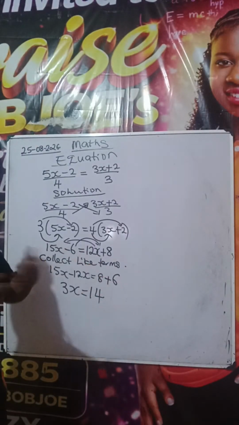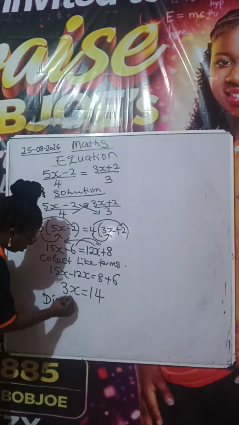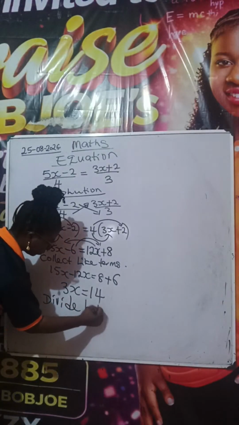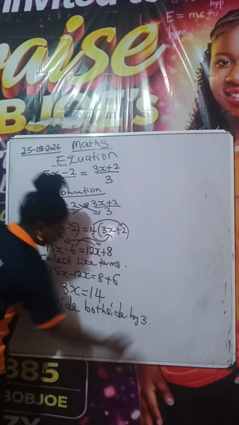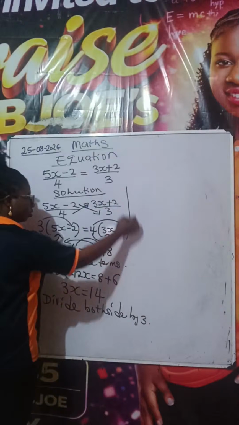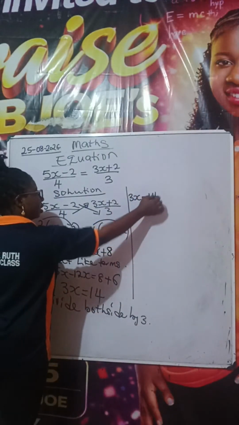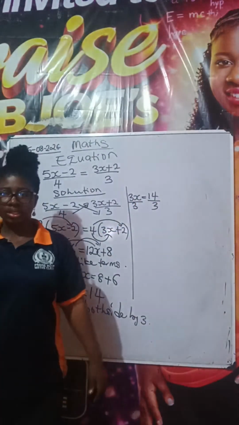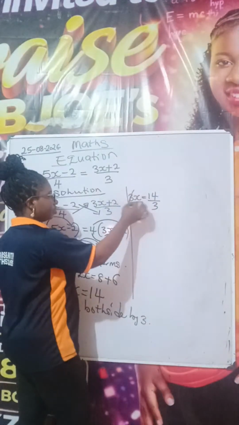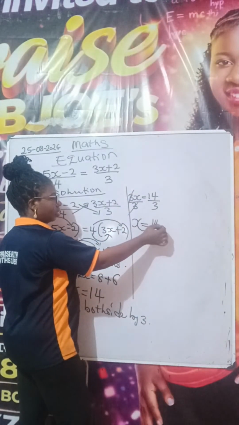You divide both sides by 3. So we have 3x equals to 14. Divide here by 3. Divide here by 3. Yes. So this is removed, and we have x equal to 14 over 3.